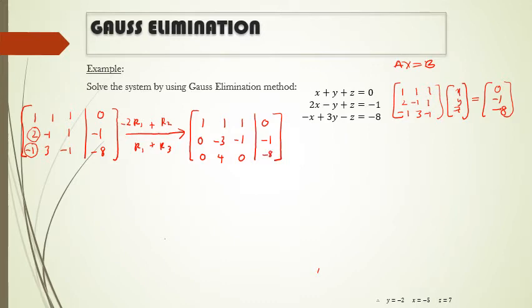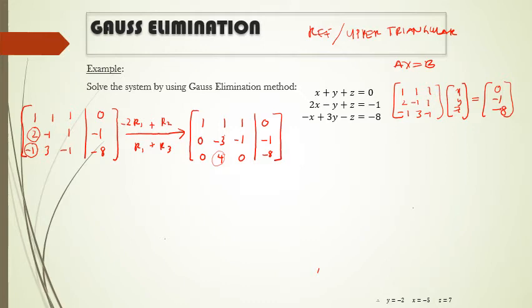Okay, so our objective is to get the REF, the upper triangular. This is not yet upper triangular, so we should make it 0 here and 1 here.